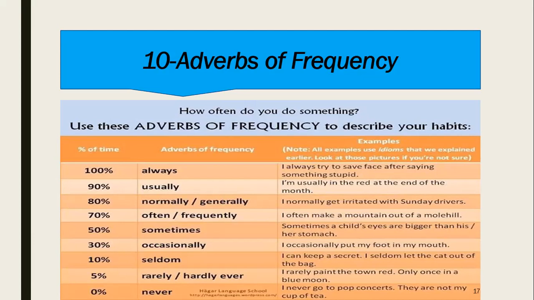Then we go fewer times with normally, then fewer with often, fewer. But if I say I rarely play football, this means within 1 month I may play just one time. And if I say I never play football, this means the verb is never repeated, the verb never occurs. So I don't know about football, I don't like to play football at all.